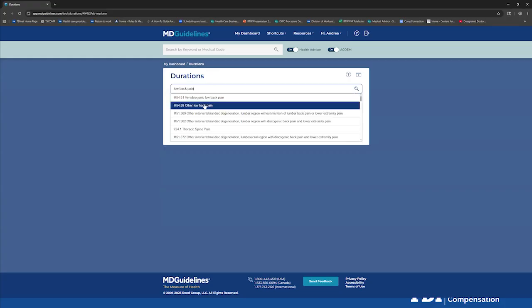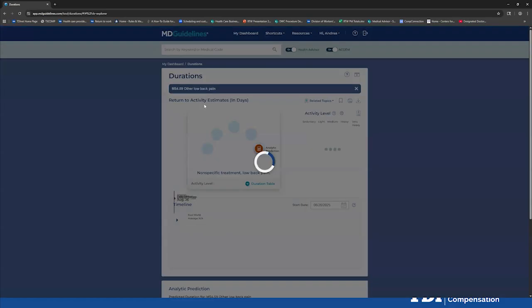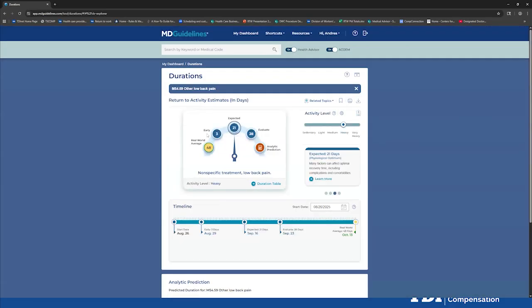So I'm going to go to other low back pain. And as you see over here, it already populates to a heavy activity level. So this is pretty cool because you can go up to very heavy. As you see that increase the expected days, right? We're going to be looking at the early expected days for going back to work.